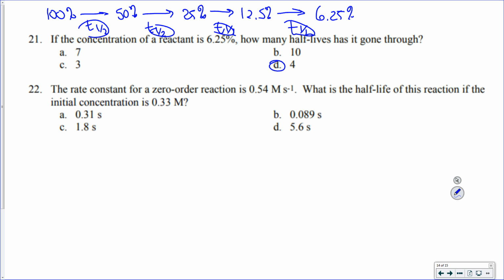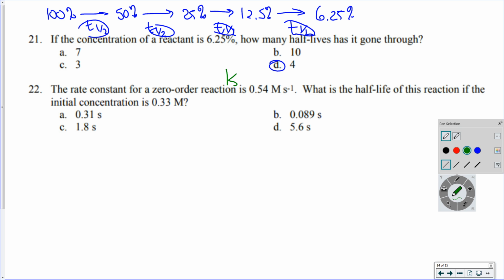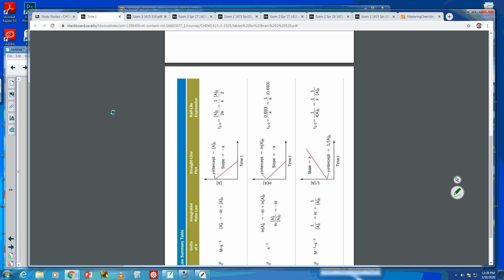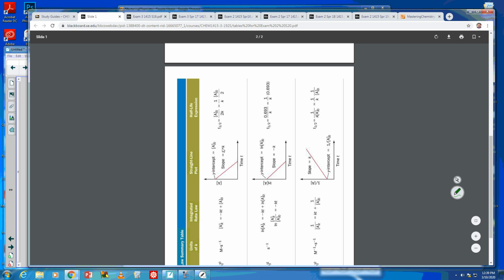22 wants to know what's the half-life of the reaction if the initial concentration is a certain value. It gives me the rate constant, the value of K, so I know what K is for this zero order reaction. I know the original concentration, A naught. So I want to apply it to the equation. I've got to go back to my equation sheet and look for zero order.